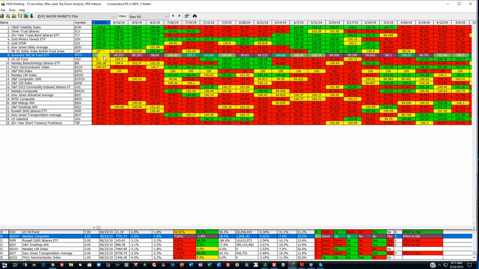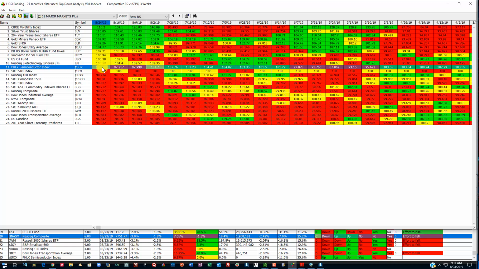Here's the Innovator IBD fund. It's actually holding steady, well, steady with the S&P 500, but remember that's all relative because the S&P 500 is going down. So biology ETF slightly above. The SOX is slightly above. Now this is 3 weeks. I'll flip this to 1 week here in a second just to compare the last week.